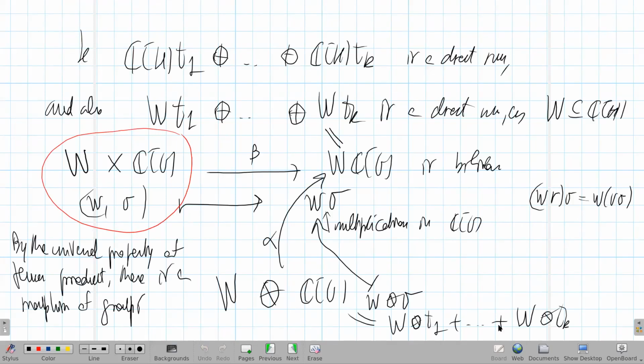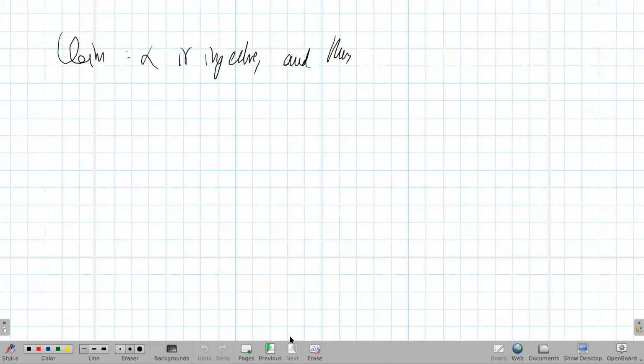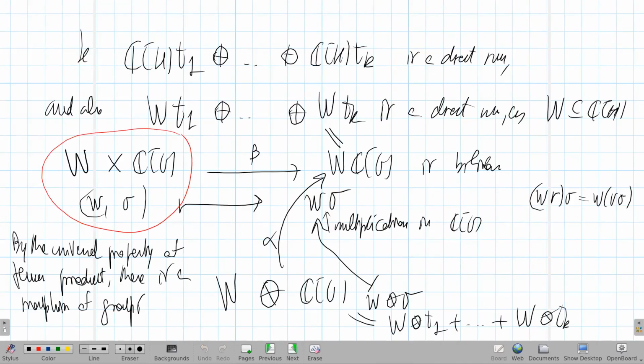Claim: alpha is injective, and thus this is a direct sum.